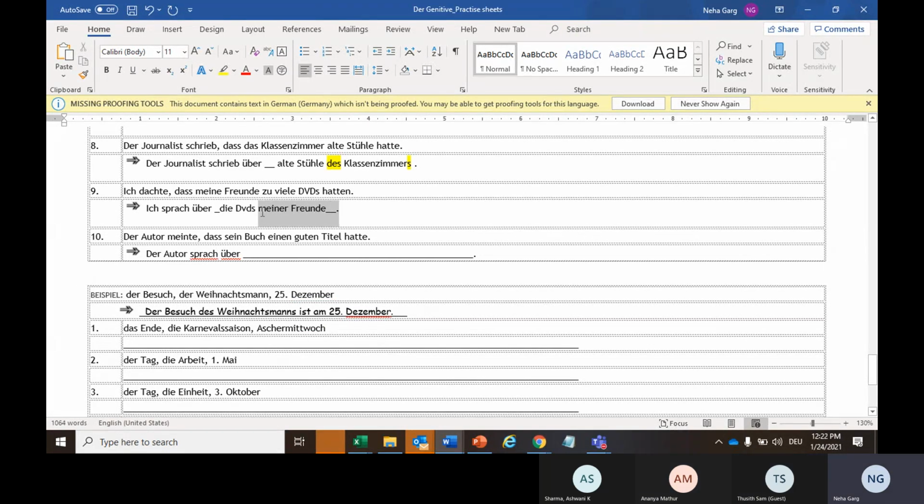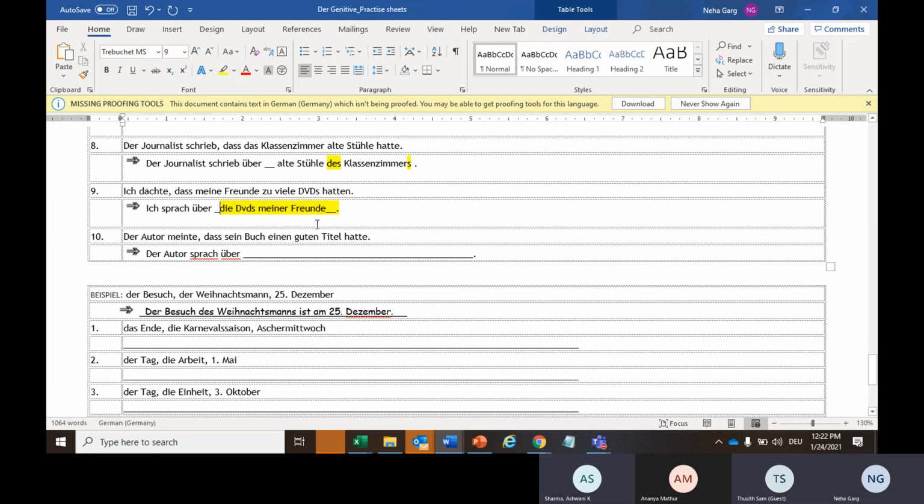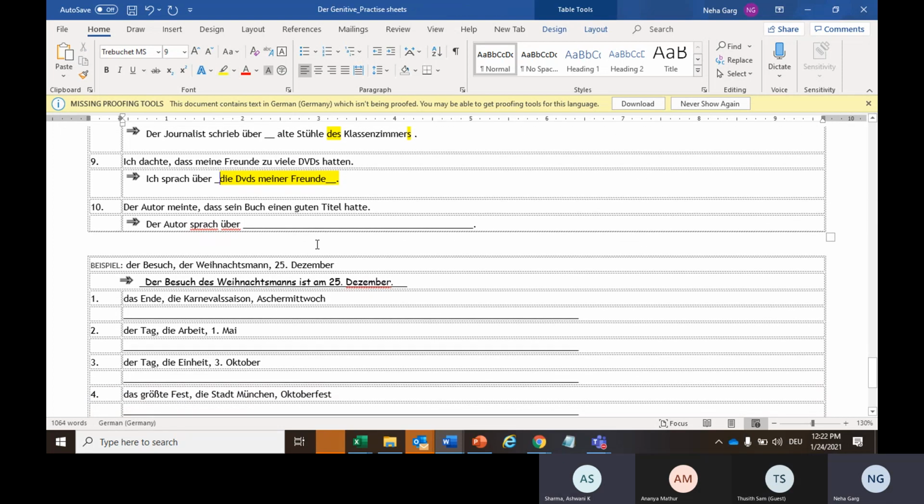Okay, next. Der Autor meinte, dass sein Buch einen guten Titel hatte. Meinte, believes. Yes, believe. Ich meinte, I believed. Okay. Der Autor sprach über the title of his book.